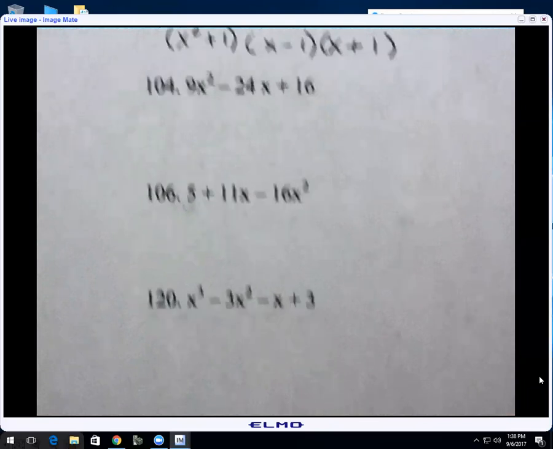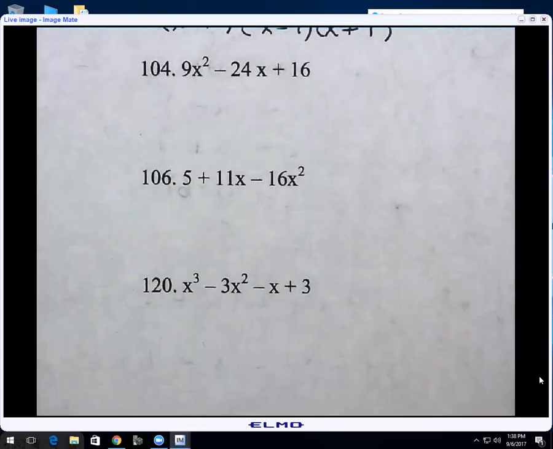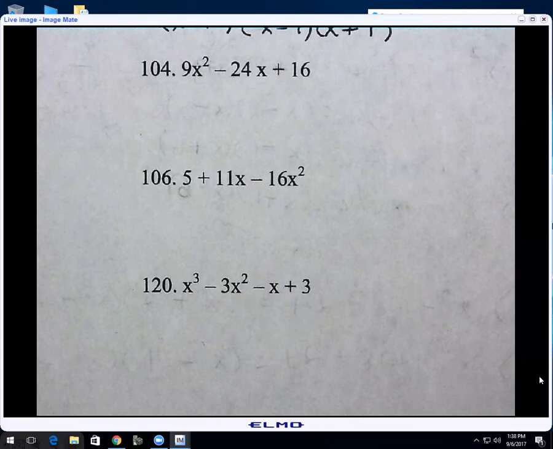All right, 104. What's the first thing you ask yourself? Is there a GCF? I thought for a minute there would be, but no, there's no GCF. How many terms does it have? 3. Could it possibly be our special kind of trinomial?